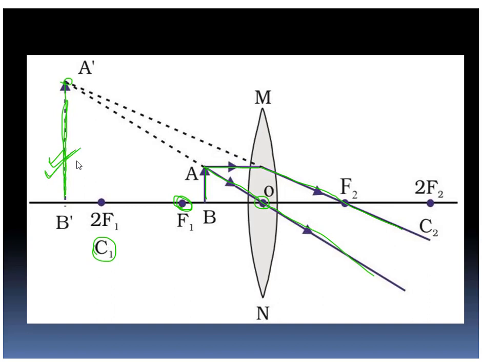Then what will be the position of the image? Beyond the first center of curvature. And this is the only case where the image formation is virtual in case of a convex lens. This point you should remember. You should have a good practice on this diagram.